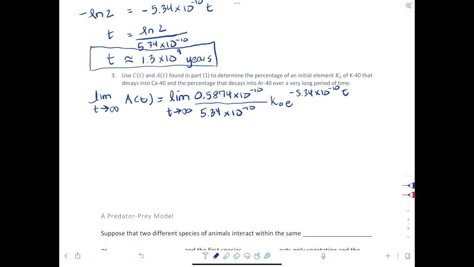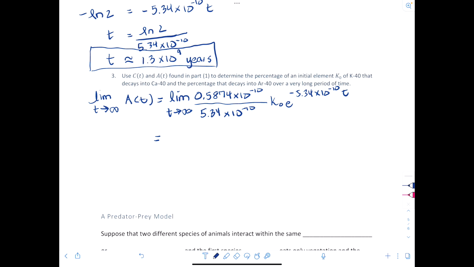So, as t goes to infinity, notice that you've got this negative exponent there for t, and so we're going to end up with that exponent going to 0. So that whole exponential is going to go to what? Beautiful, 1.